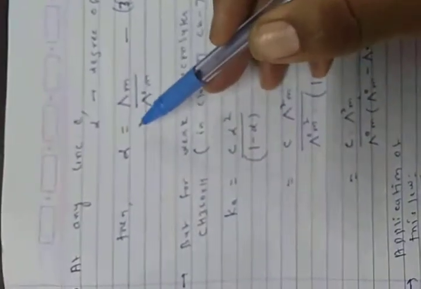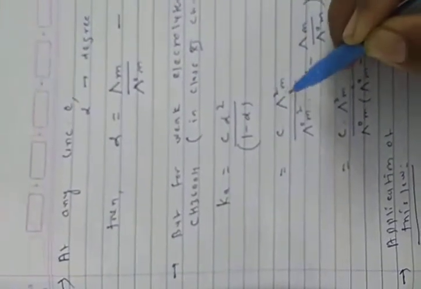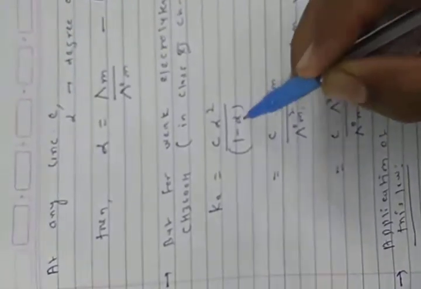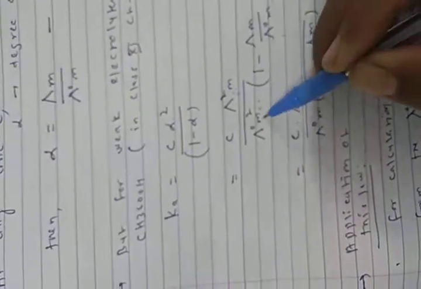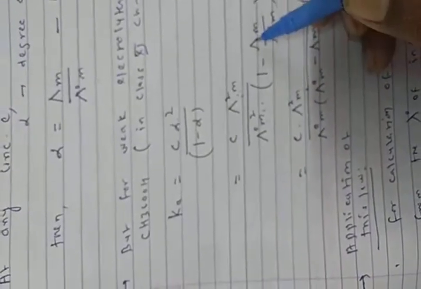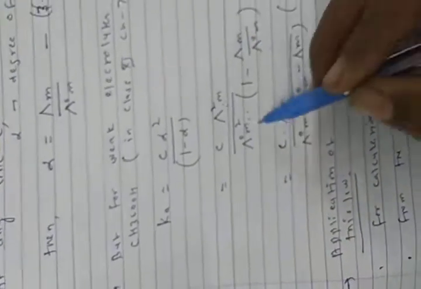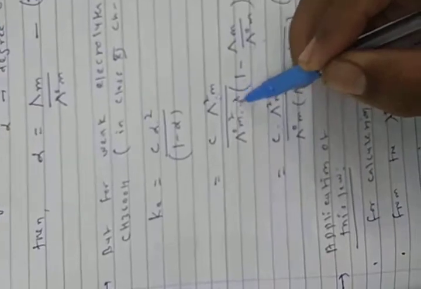Here I put alpha's value, square it, and put alpha's value in 1 minus alpha. Then you solve, multiply, and you will find this result. This equation is 3.27.